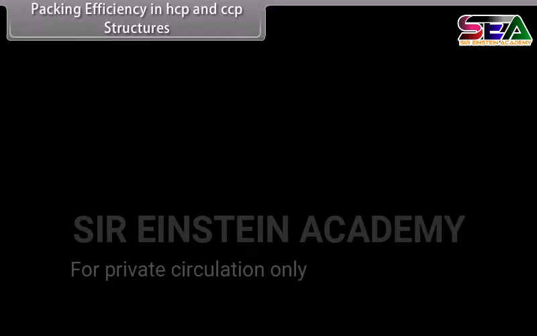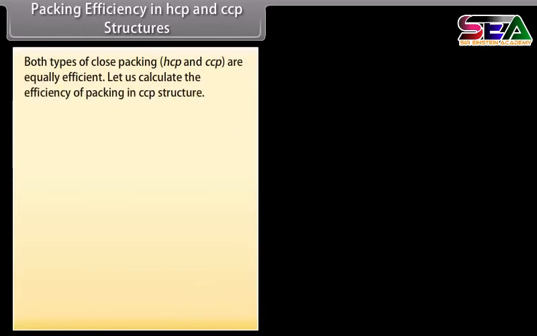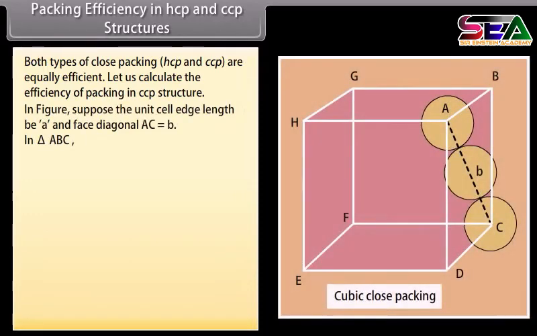Packing efficiency in HCP and CCP structures. Both types of close packing, HCP and CCP, are equally efficient. Let us calculate the efficiency of packing in CCP structure. In the figure, suppose the unit cell edge length AB is a and face diagonal AC is equal to b.